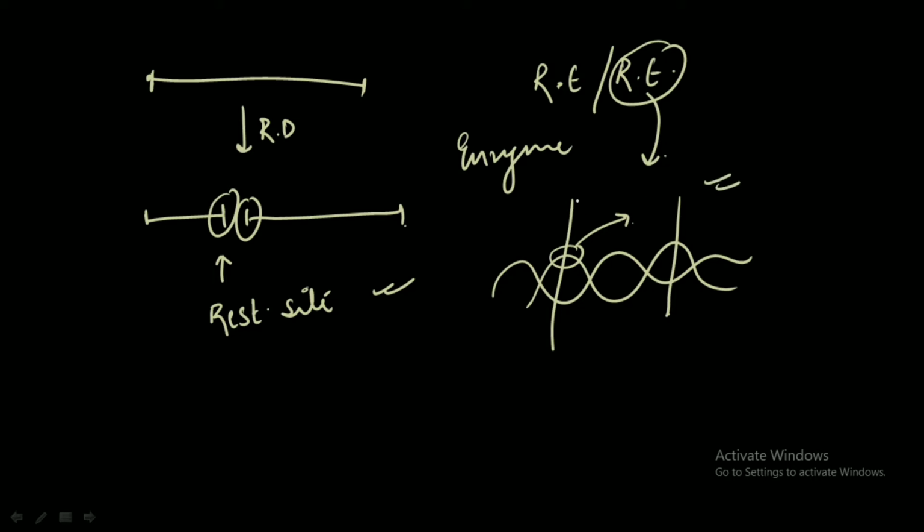Where the bond is cleaved and where the restriction site is present is determined by the specific restriction enzyme used, and we have various types of restriction enzymes. We will understand the types in the subsequent slides. I hope that till now the process of restriction digestion is clear.